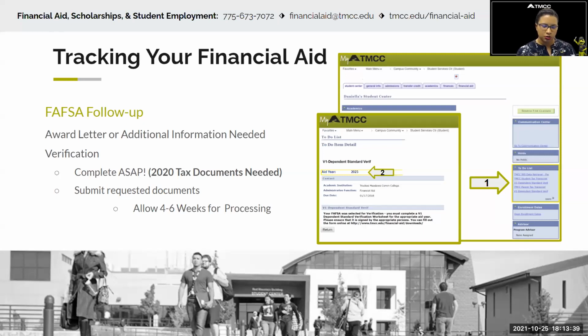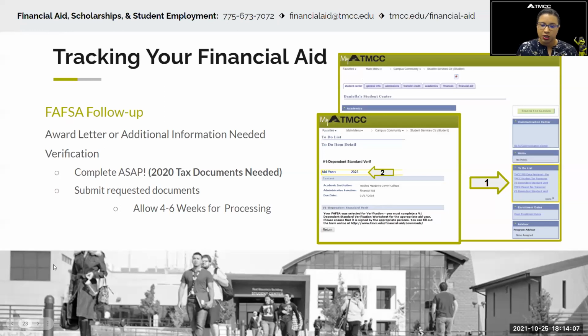Make sure that you submit those as soon as possible, because they do typically take 4 to 6 weeks to process, depending on how big of a school you go to and what part of the season of processing they're in. With that, if you wait till the last minute, you're probably not going to get your financial aid package ready by the time school starts.